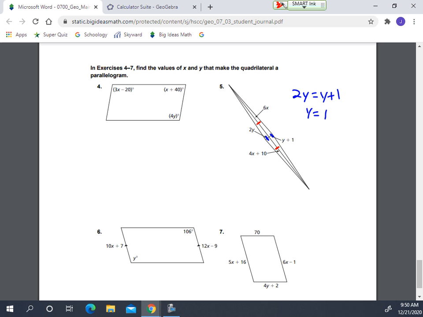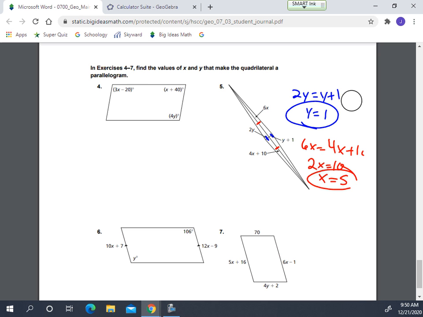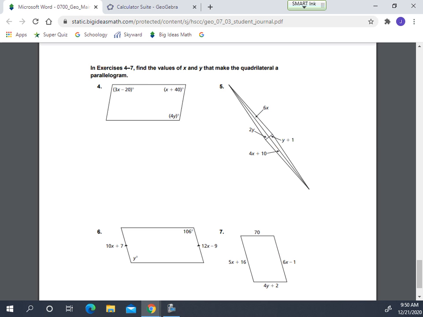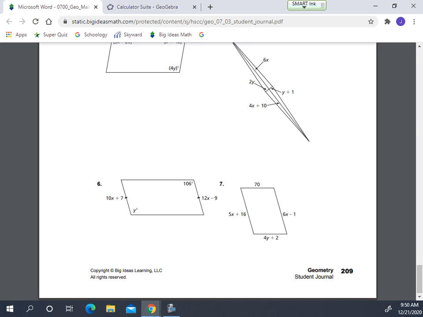Let's start with x. We have 6x is equal to 4x plus 10. Subtract 4x, we get 2x is equal to 10. And then divide by 2, x is equal to 5. y is equal to 1, x is equal to 5. That one was a lot quicker than the first one. That should have been our first example.